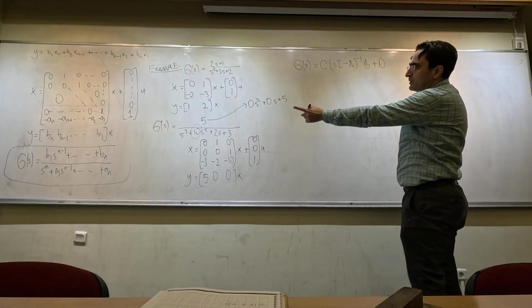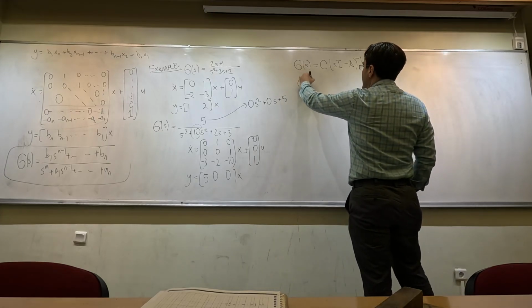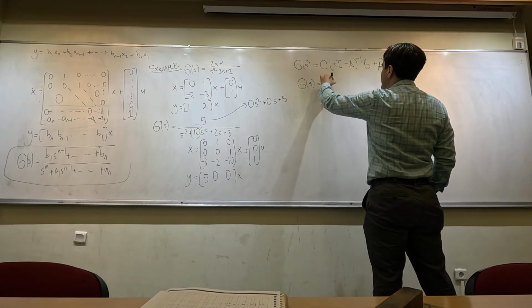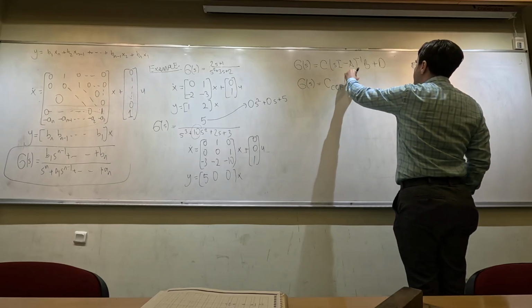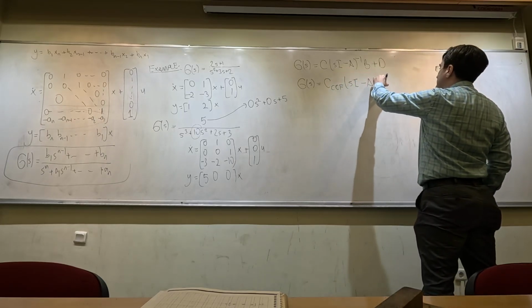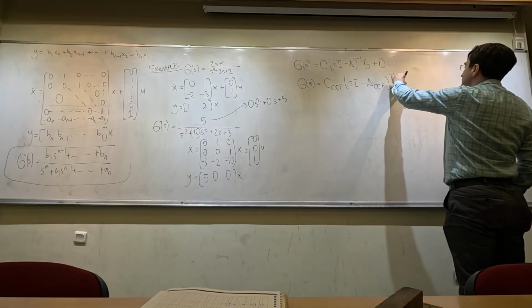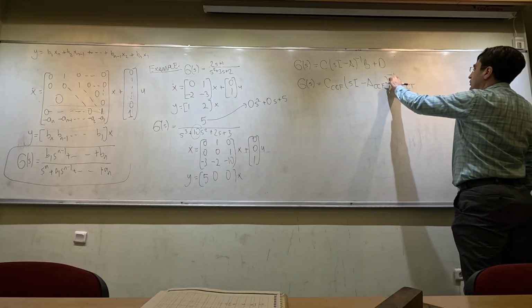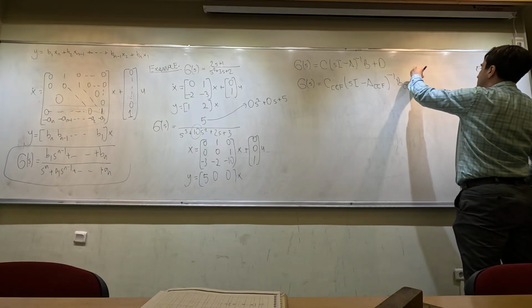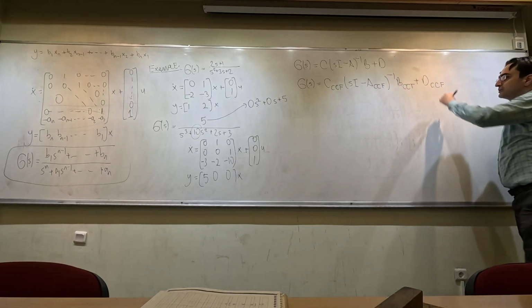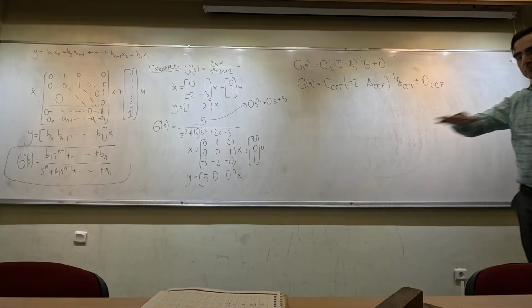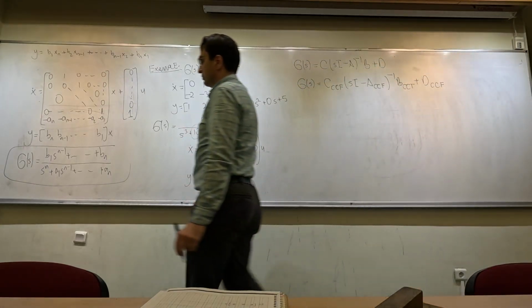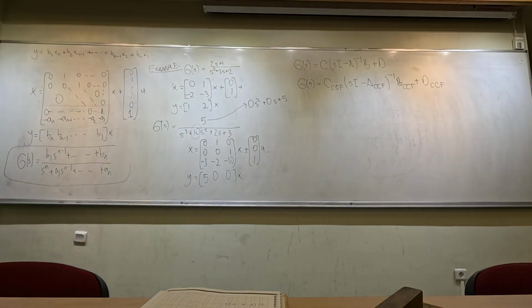So in the controllable canonical form case, we have G of s is equal to C controllable canonical form times (sI minus A controllable canonical form) inverse, times B controllable canonical form, plus D controllable canonical form, okay? In general, I don't have to consider D here, but we can always find D by division if the orders are equal for the transfer function.